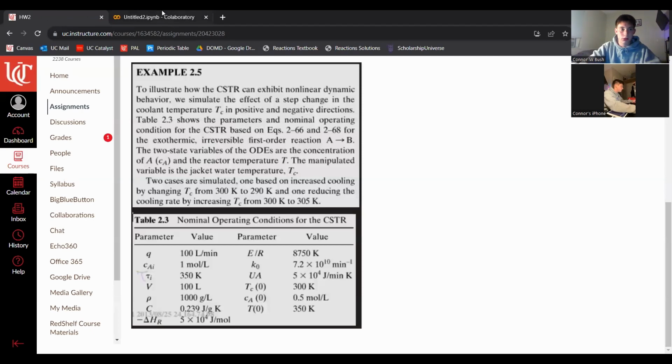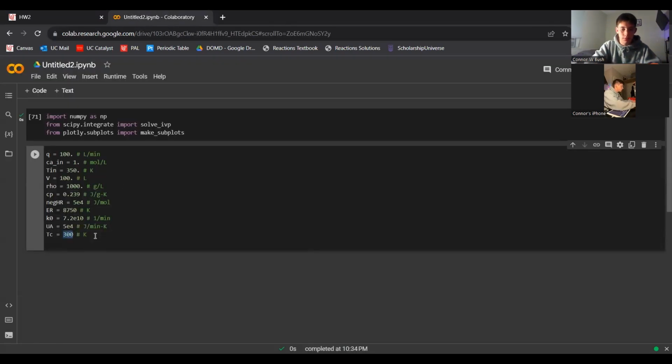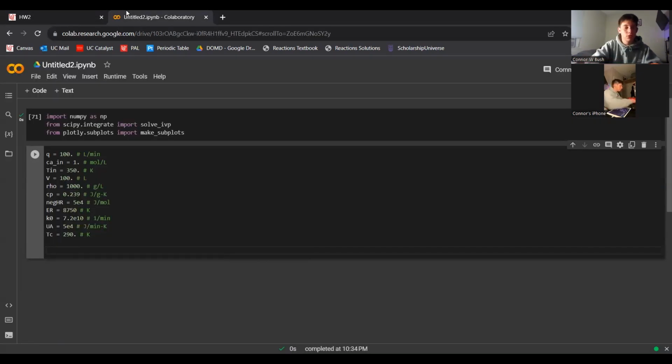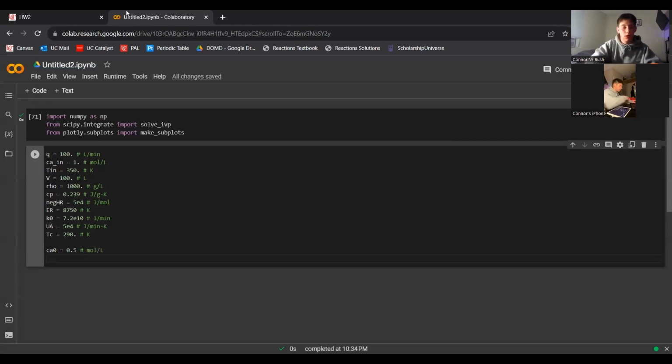And then actually no, we'll start at 290 and then kind of play around with that. And then some of our other initial conditions: the initial concentration out is 0.5, in units of moles per liter. And then the initial temperature, T naught, is equal to 350 Kelvin.